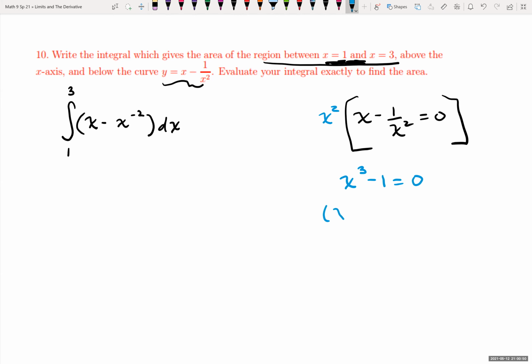I get x minus 1 times x squared plus x plus 1. And so x minus 1 is equal to 0 when x equals 1.